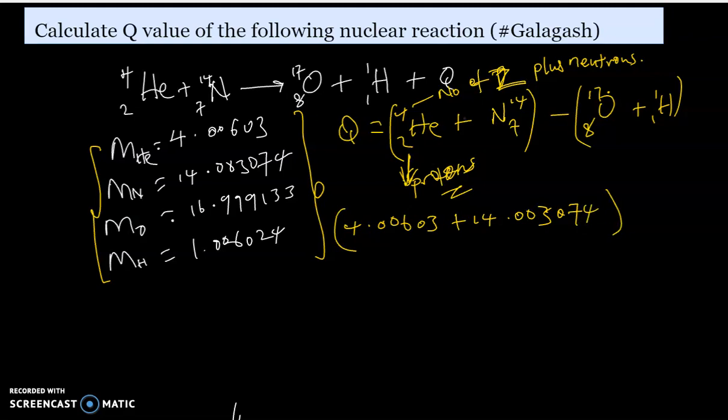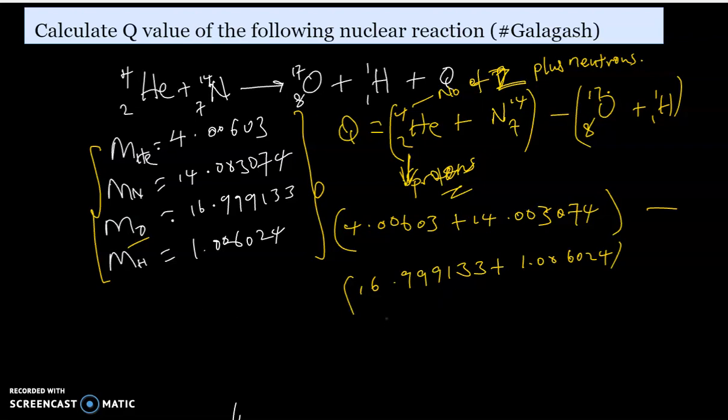This represents helium plus nitrogen, so we are simply taking the masses. Now you minus the mass of oxygen, which is 16.999133, plus the mass of hydrogen, which is 1.006024. Add this up and plug it into your calculator.